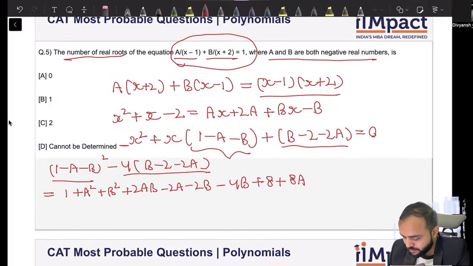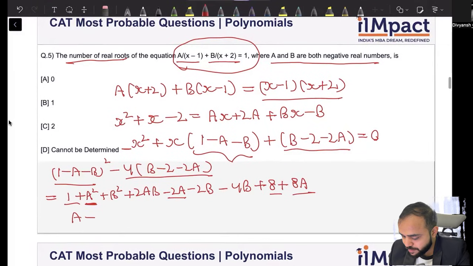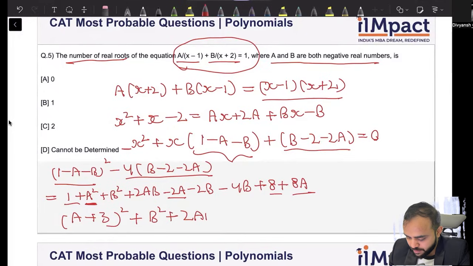Now I will make a perfect square in a square. I'll get a square plus 6a plus 9. So this will become (a plus 3) whole square plus b square plus 2ab minus 6b.